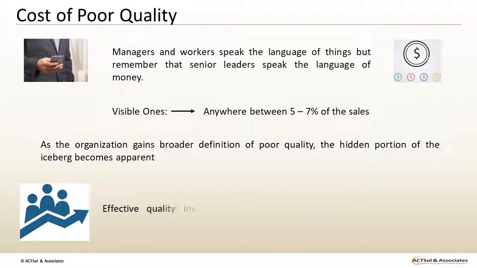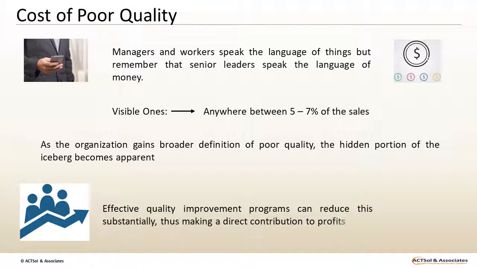Effective quality improvement programs can reduce this substantially, thus making a direct contribution to profits. The quality cost system, once established, should become dynamic and have a positive impact on the achievement of the organization's mission, goals, and objectives.